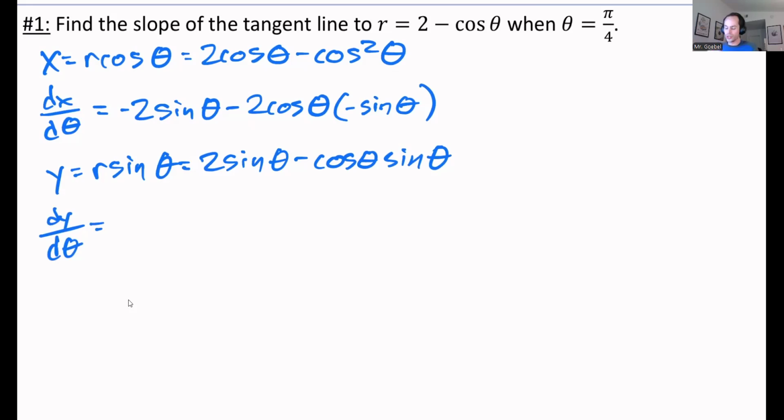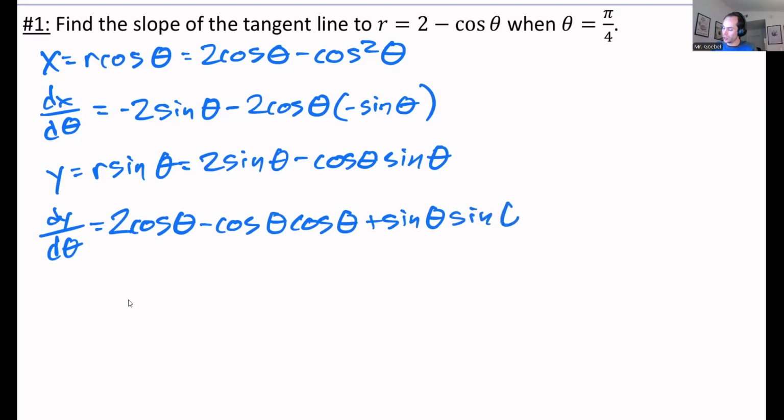So the derivative of 2 sine theta is 2 cosine theta. Now we have a chance to review product rule. Leave the first one alone, take the derivative of the second. So the derivative of sine is cosine. Now I'm going to take the derivative of the first. For the first, that's negative cosine. So what's the derivative of negative cosine? That's going to give you positive sine times the second one, just leave it alone.